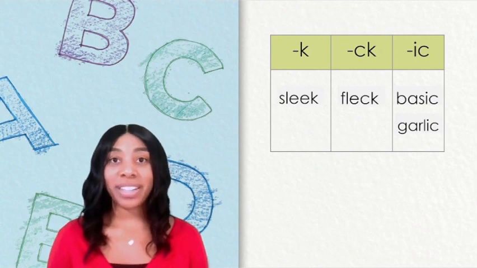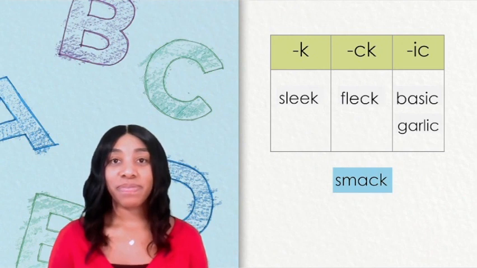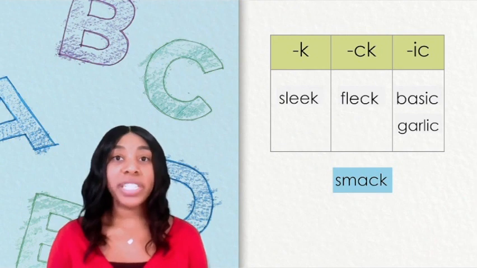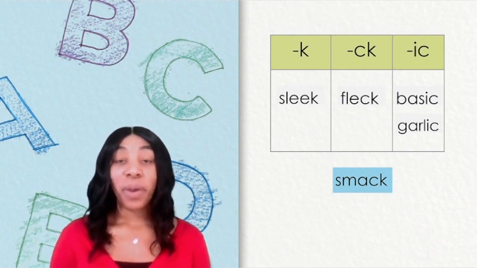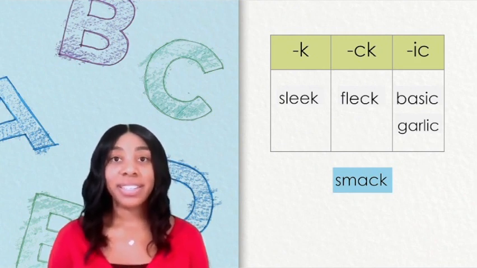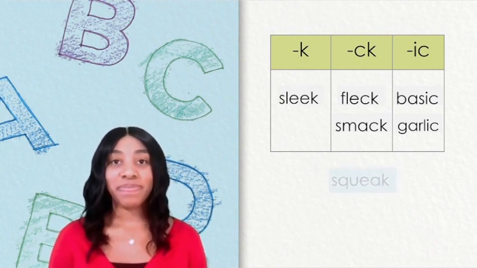Keep up the good work. Let's try again. What does this word say? Smack. Which column does the word smack belong in? We also hear the k sound at the end of this word, and it is spelled with a CK. All right, here is our last one.